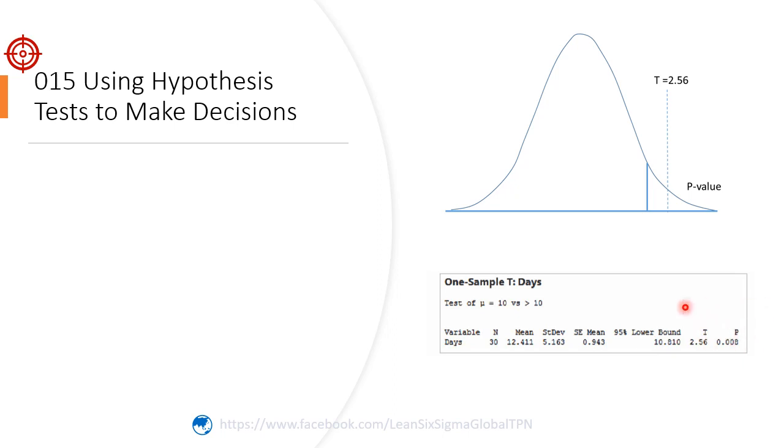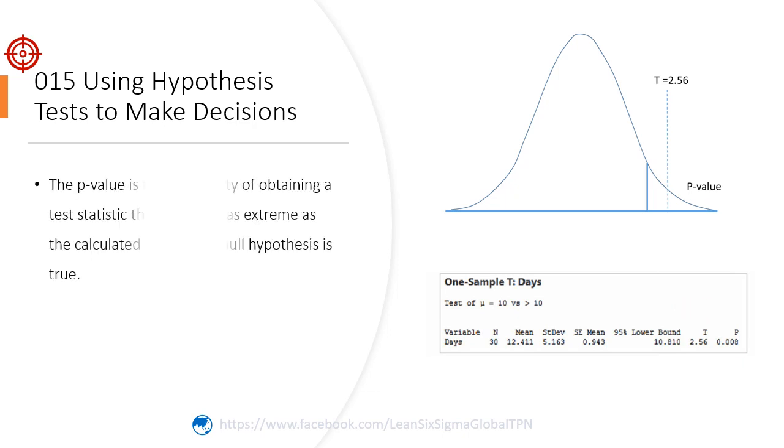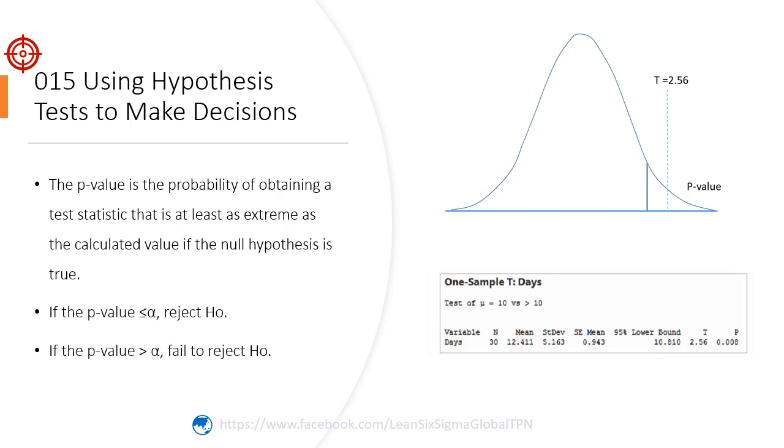It is the probability of obtaining a test statistic that is at least as extreme as the calculated value if the null hypothesis is true. If the p-value is less than or equal to alpha, reject the null hypothesis and the results are statistically significant.